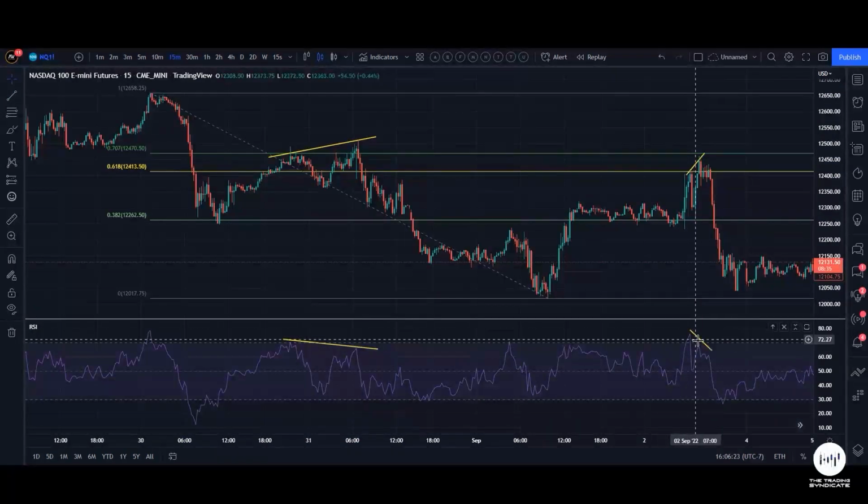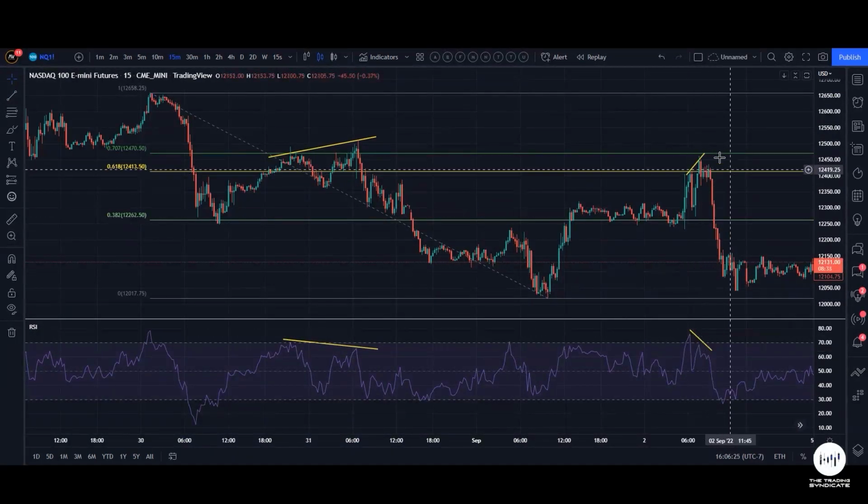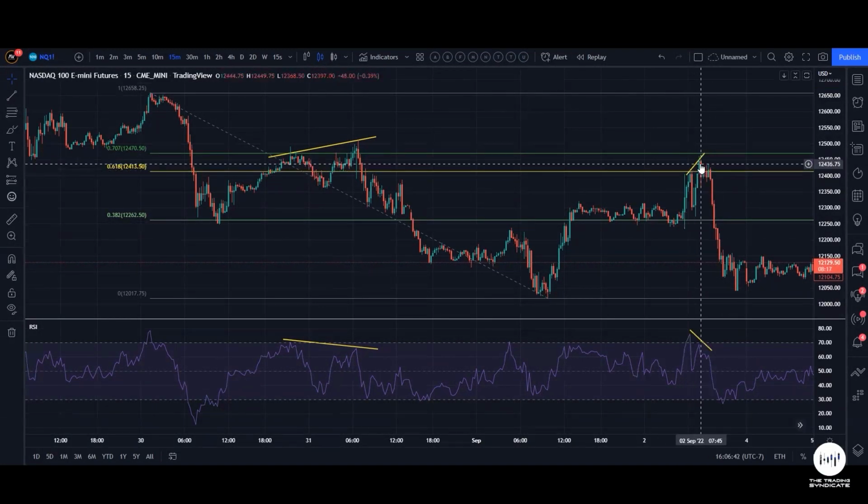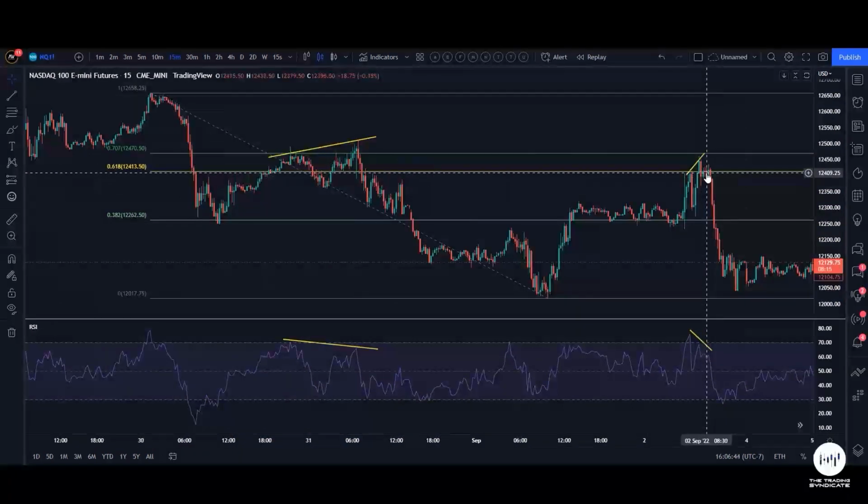Overbought condition followed by divergence at the 0.618 is a very strong opportunity to go short. The reason is that, first, the divergence is already a strong opportunity to go short. But also, since this is such a strong level, as it is a turning point in the market, that is another reason to take a short position right then and there.